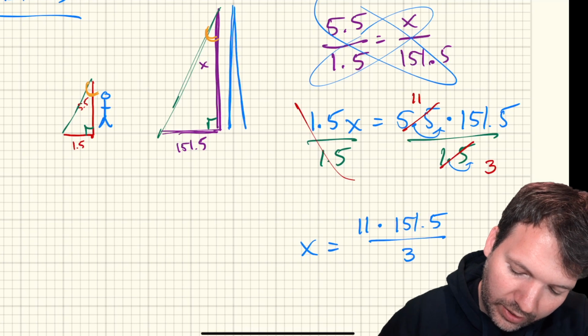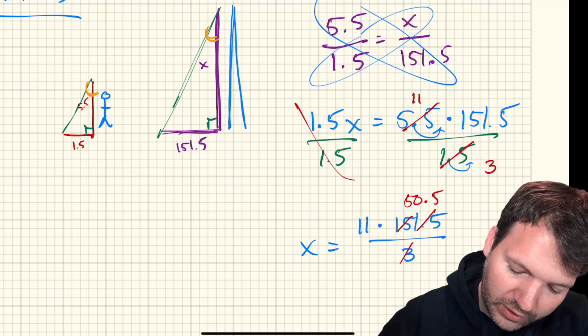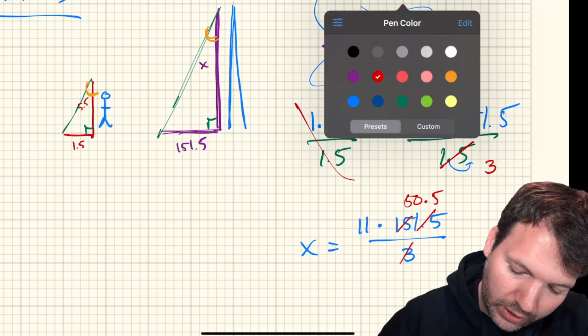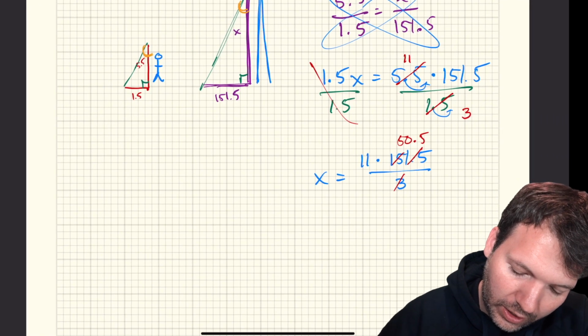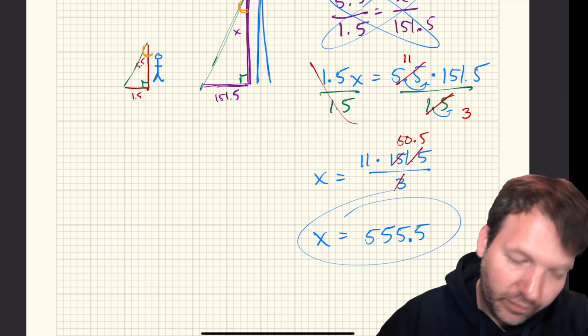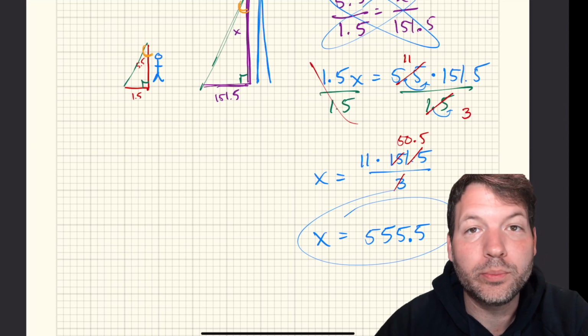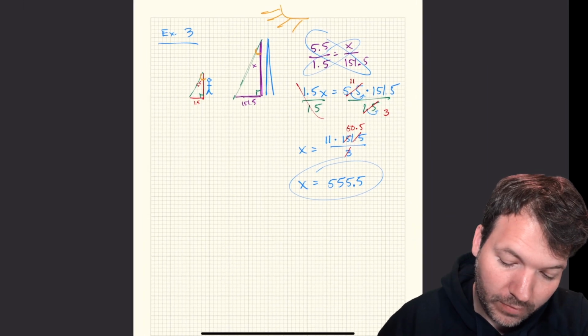Turns out that, again, I have some cancellation here. This turns into 505 or 50.5 times 11. The 3 goes away entirely. And so finally I end up with x equals 555.5 feet, which is exactly what the book says for example 3.